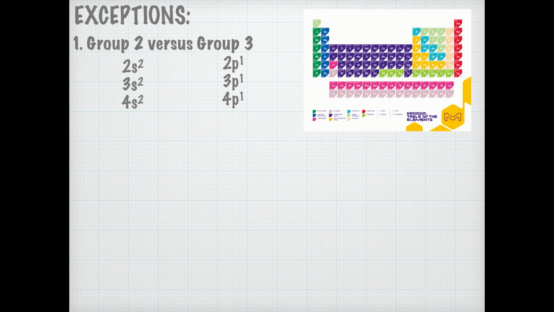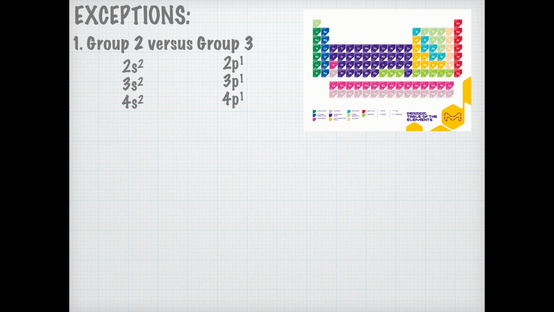The reason why, as you can see for boron versus beryllium, is that the electron being removed from boron is from the 2p sublevel, whereas the electron being removed from beryllium is from the 2s. Remember, as you increase sublevels, going from 1s, 2s, 2p, etc., you're moving further and further away from the nucleus.